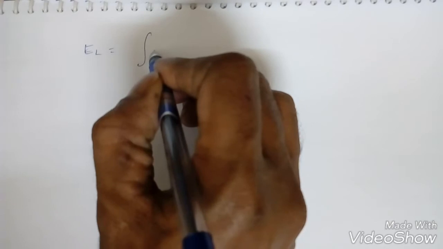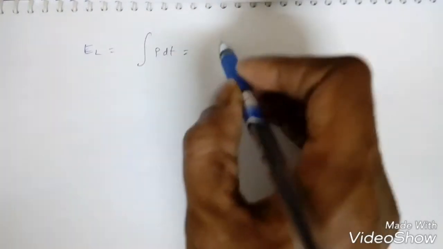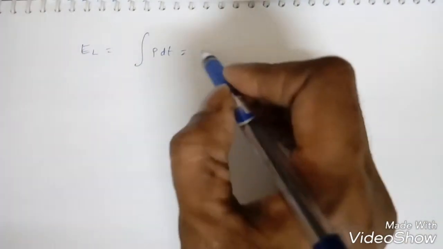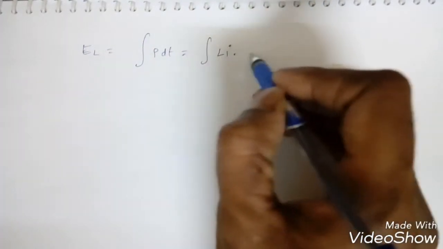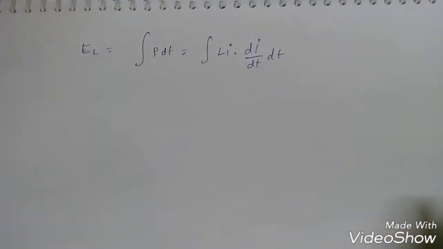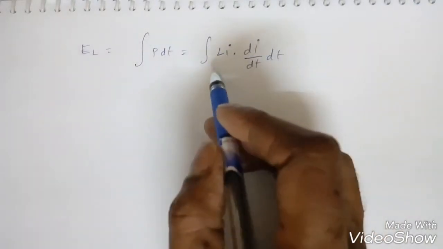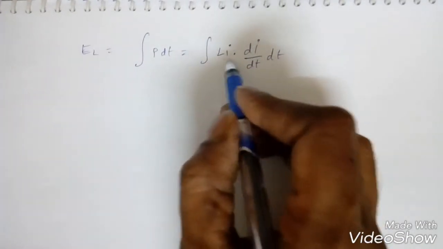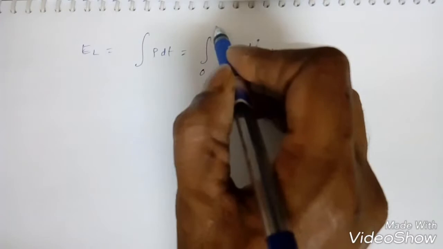We know that across the inductor, EL is the integral of P dt. We know only the current, so the power will be replaced by Li into di by dt. From lecture 6, where we discussed the inductor and capacitor, the power for the inductor is Li di by dt, with limits 0 to 6.